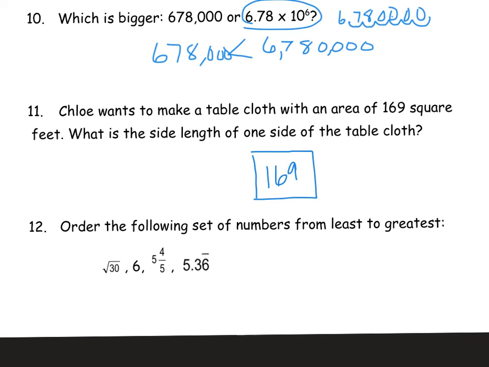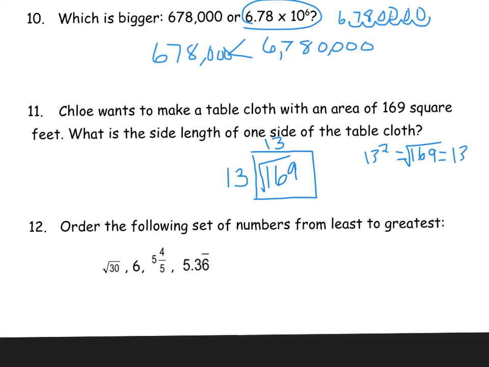Well, if I have an area of this, I can take the square root of that and find that that perfect square gives me a side length of 13. How do I know that? Well, go back and multiply 13 times 13, or 13 to the second power, is equal to 169. So the root of 169, or the side length of that square, is 13.